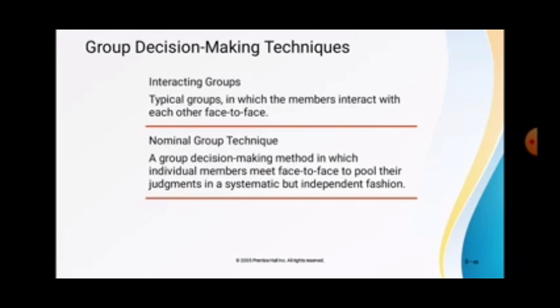The group coordinator either collects the written ideas or writes them on a large blackboard so that each member of the group can see what the ideas are. These ideas are further discussed one by one in turn, and each participant is motivated to comment on these ideas in order to clarify and improve them.